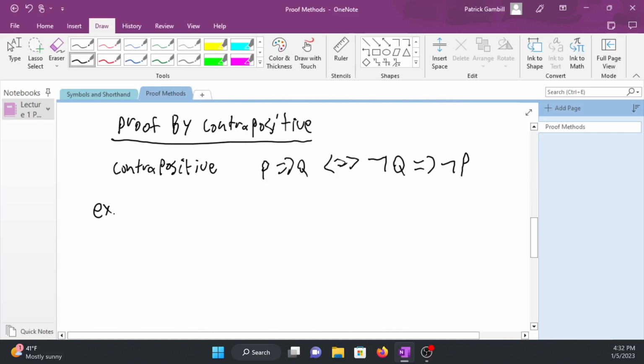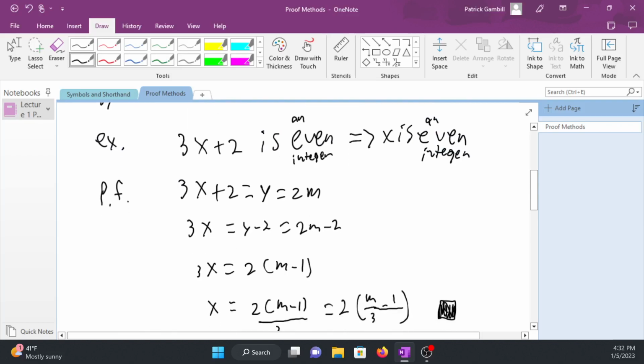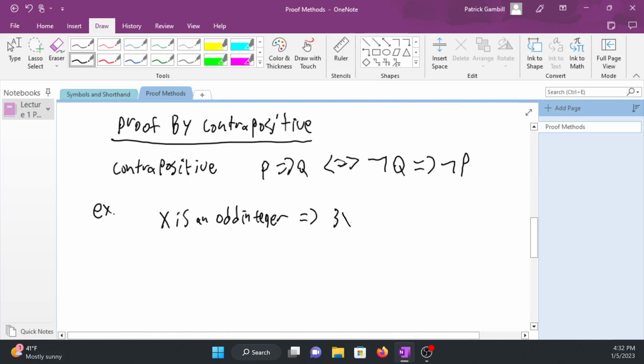So what if we instead say x is an odd integer? Then we claim that this implies that if x is odd, then 3x plus 2 is an odd integer as well.